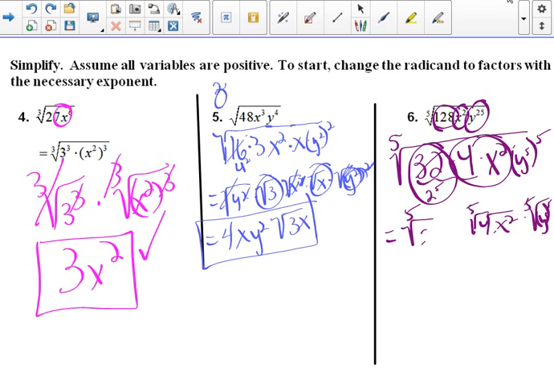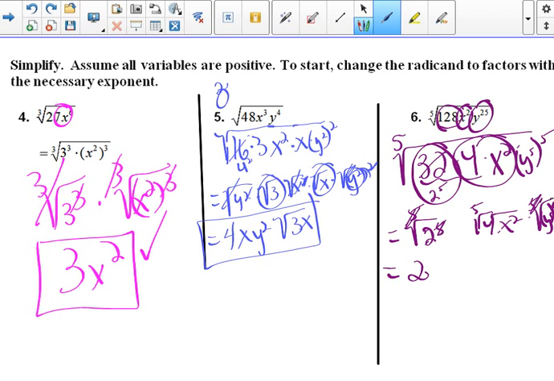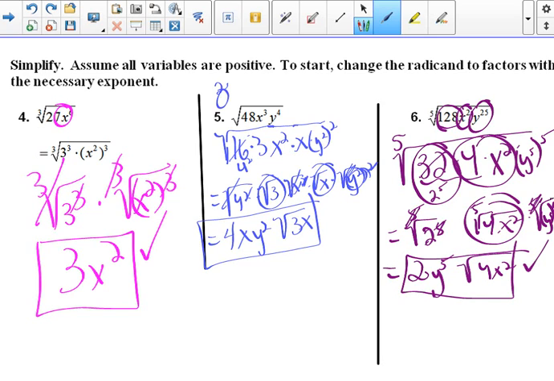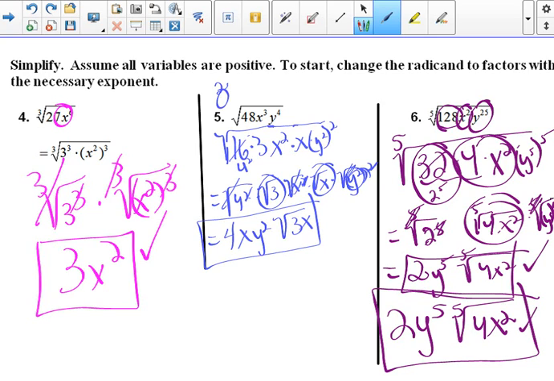These cancel out, and I'm left with the 2, and y to the 5th power leaves us with y. And then we're left with the fifth root of 4x squared. So it's 2y times the fifth root of 4x squared. That's easier to read right there.